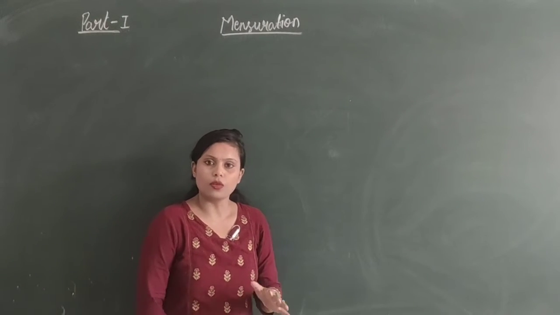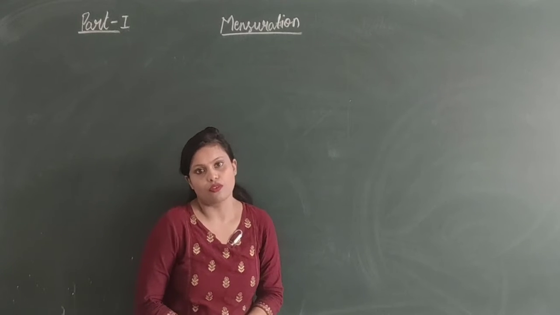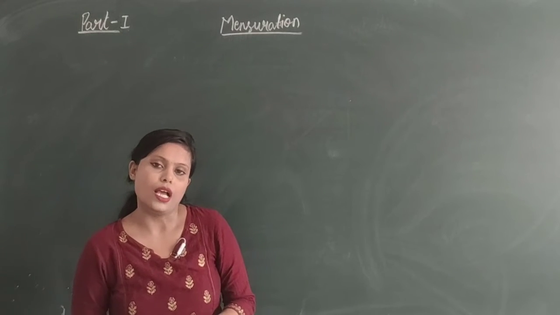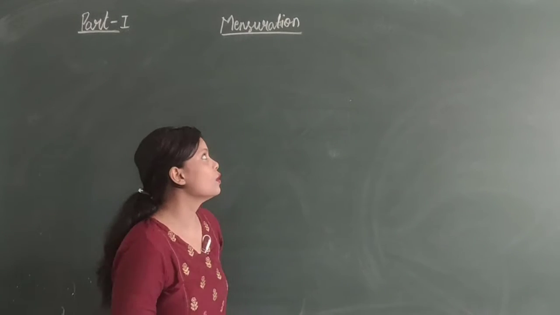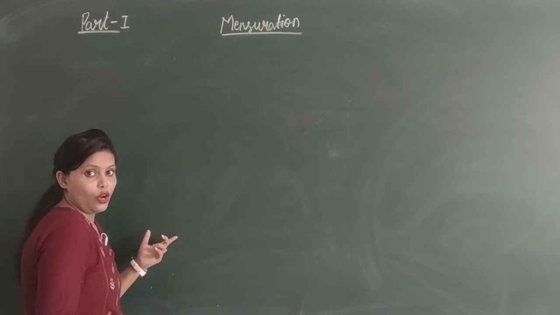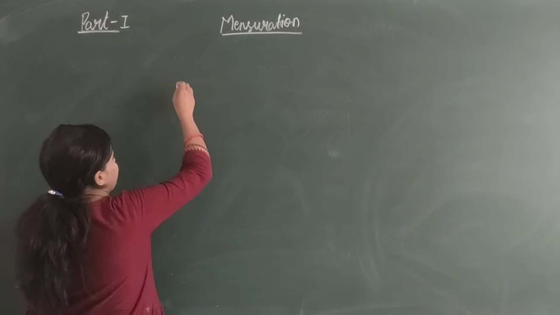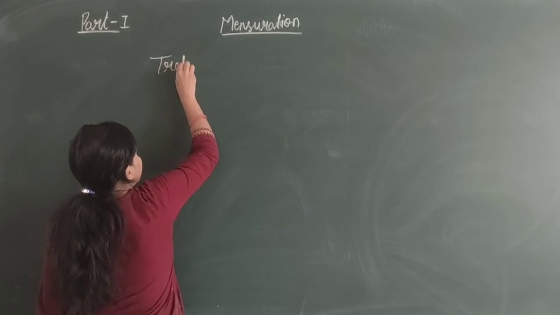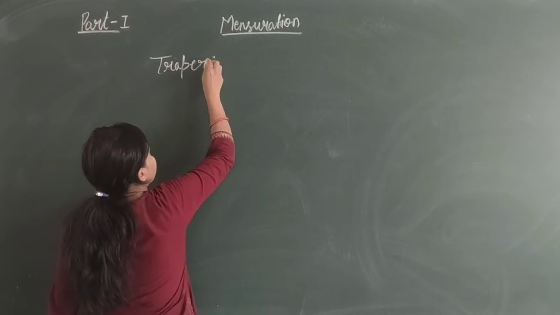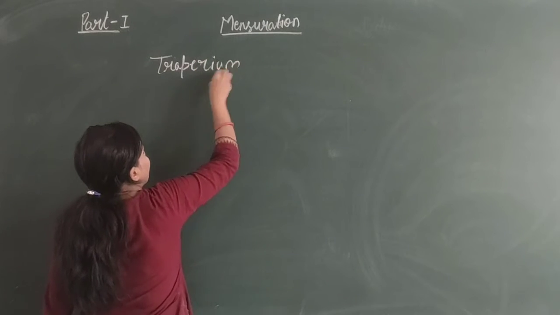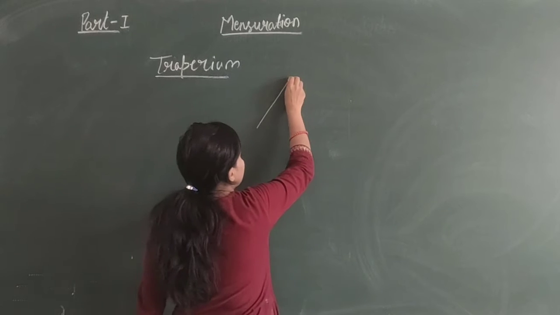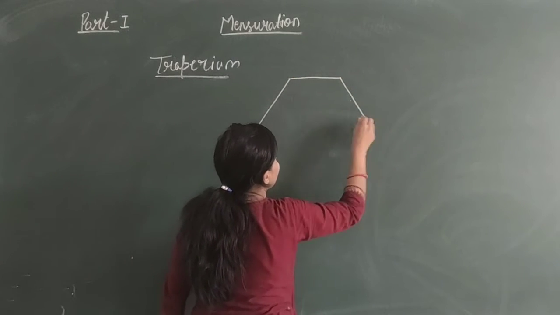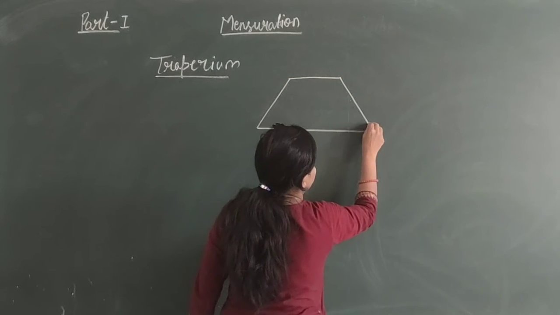So we have learned about the formulas of square, triangle, circle, rectangle, etc. Now we will learn the formula of area of trapezium. So trapezium is a quadrilateral which has two sides parallel to each other.